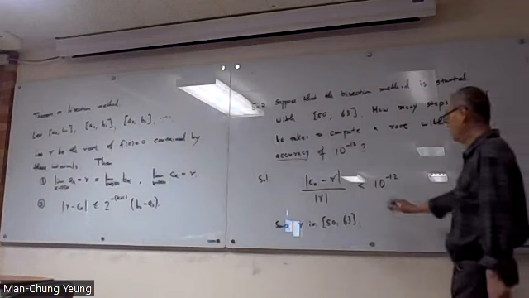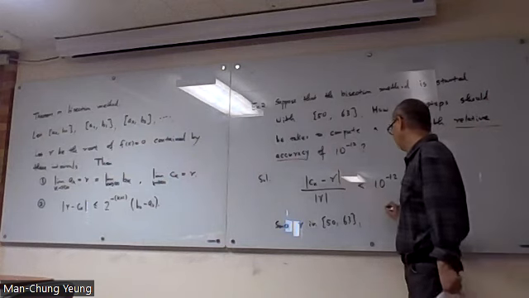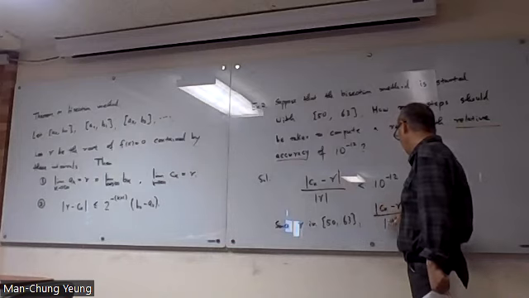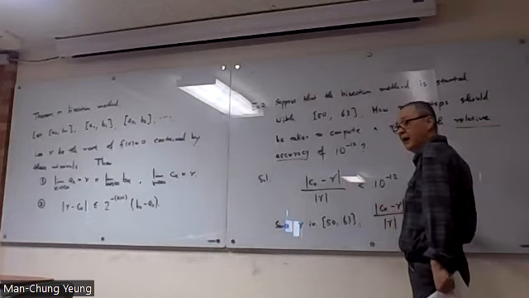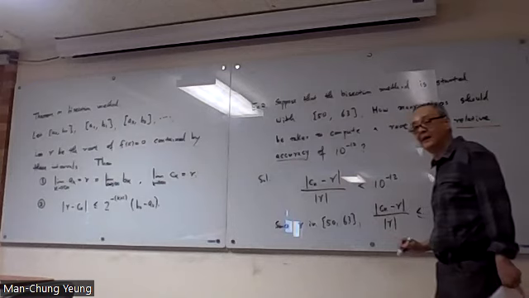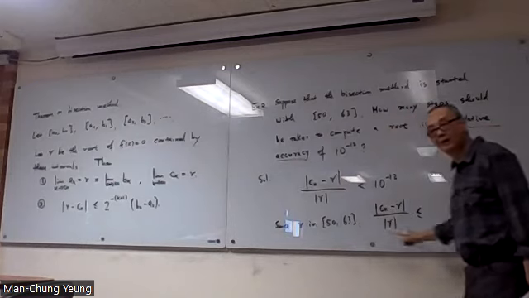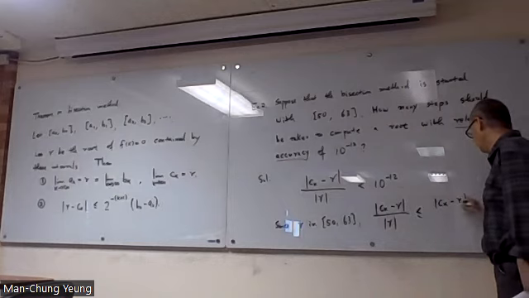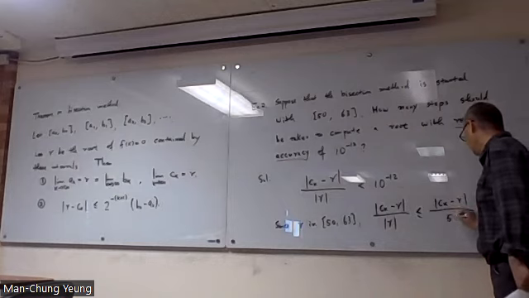So therefore, CK minus R is less than B0 minus A0, and dividing by 50, you agree?